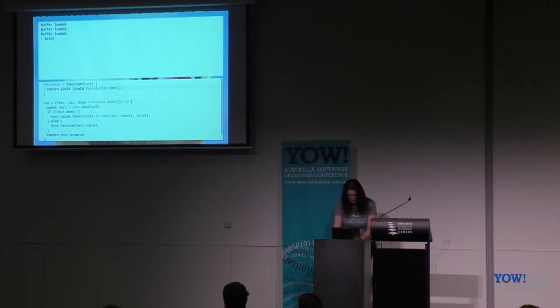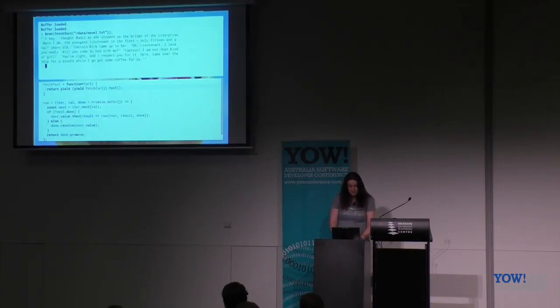I should now be able to run fetch text with an arbitrary value. Data/text. And it should now actually give us a promise that is going to resolve directly to the contents of that file. And the ampersand, of course, prints the value of that promise. And oh, that's private. I'm sorry.